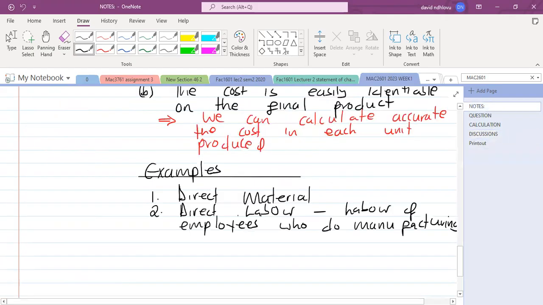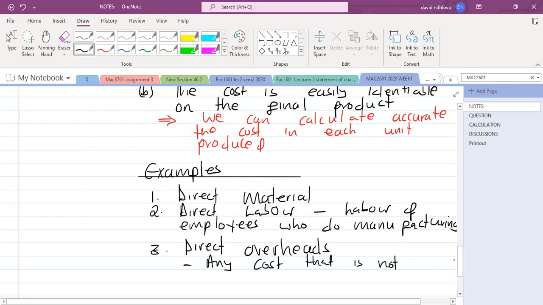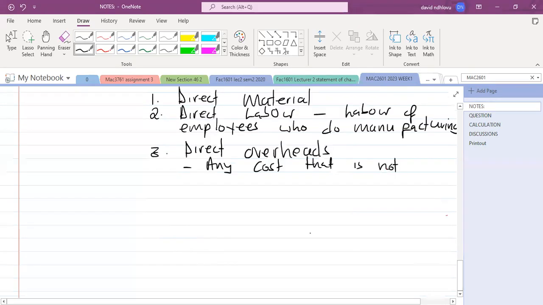So these are the direct labor. Then we have what we call direct overheads. Right, the term overhead here, we are simply saying any cost that is not direct is called an overhead.